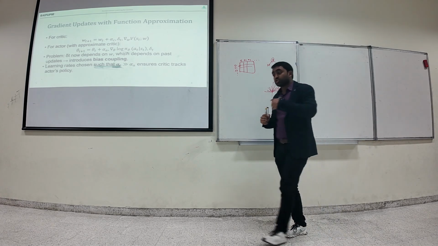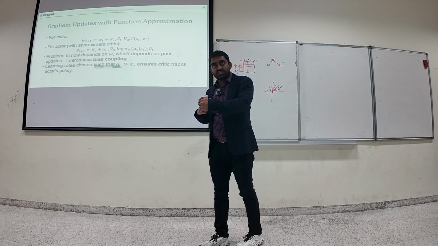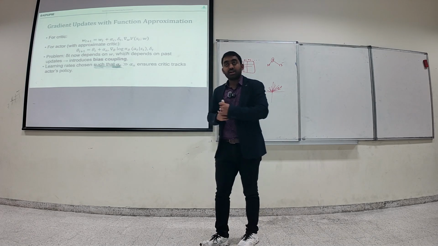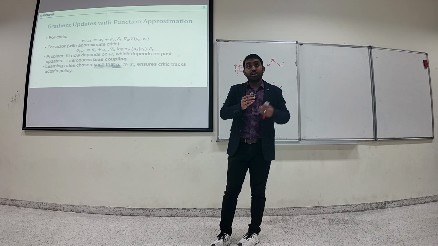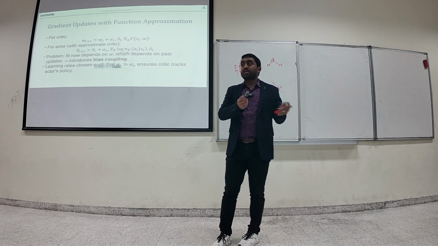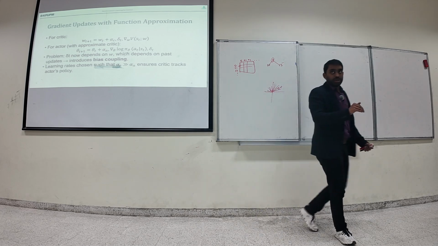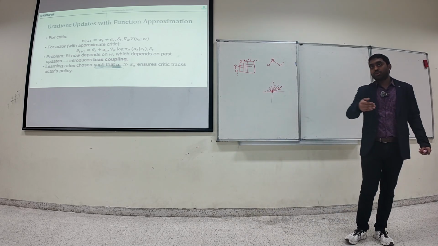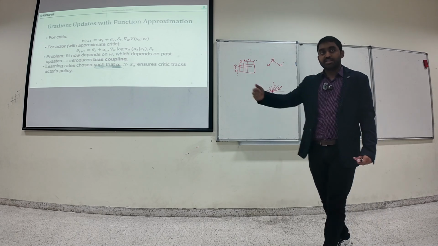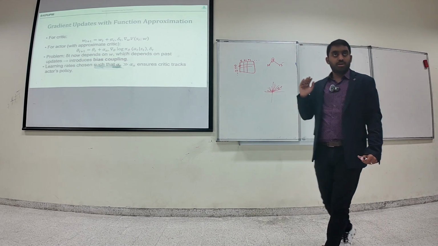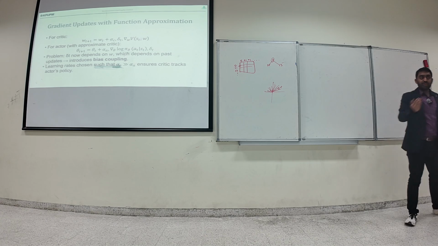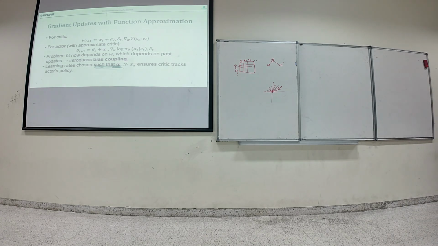Say the actor is going to take A6 when it receives this feedback; it will think that was a bad action and try to compensate for that. However, it might have been a good action. Therefore, you need to make sure the learning rate of the critic is more than the learning rate of your actor. The feedback should be faster than the correction, basically.